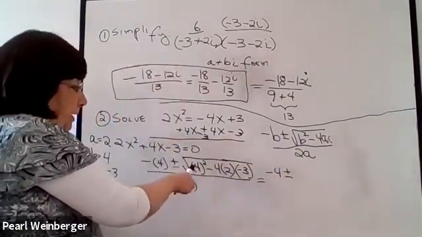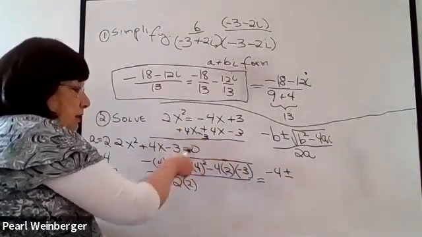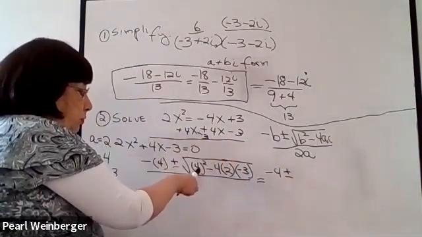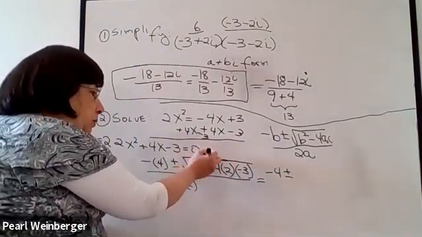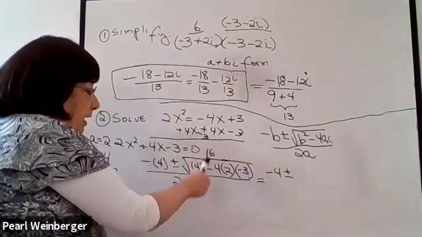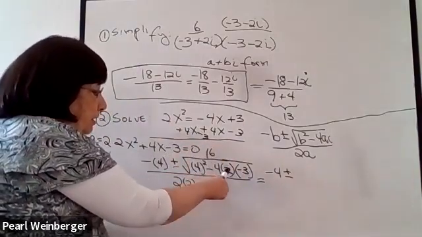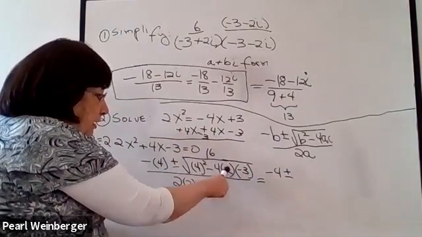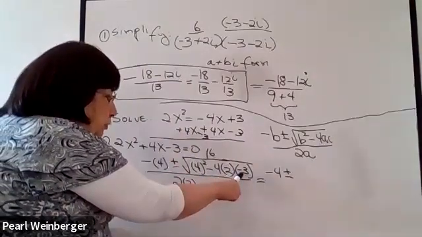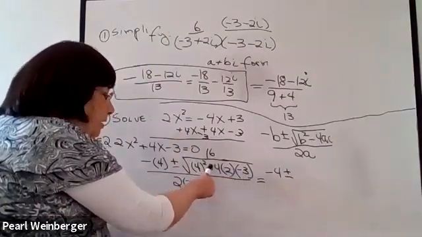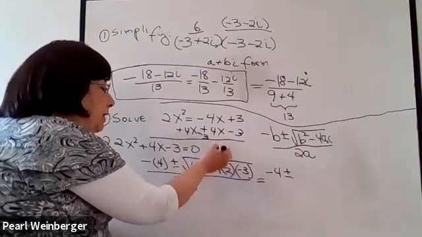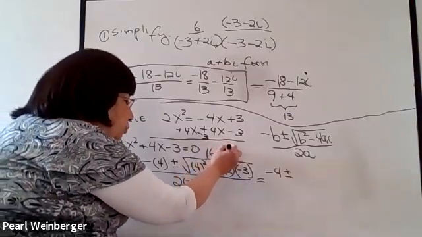Okay, here's the biggie. What's inside the radical? First it's 4 squared, which we know is 16. And then we do negative 4 times 2, which is negative 8. And negative 8 times negative 3 is positive 24.